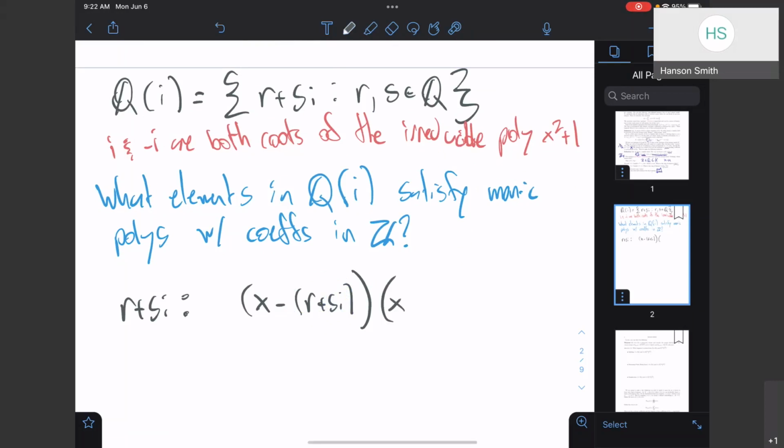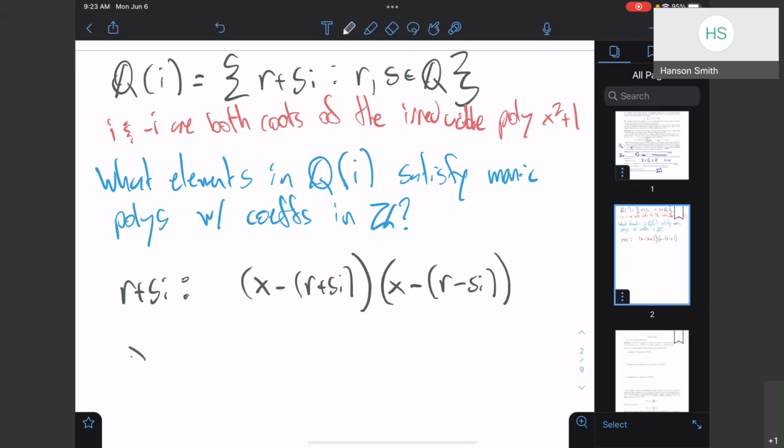We'll explore why this works and give some more justification, but I'm going to take its conjugate. So I get x minus (r minus si), taking the other root of this polynomial, minus i. Okay, cool. And I'm just going to multiply out and see what I get. So I'll get x squared minus 2rx plus r squared minus a negative, plus s squared.